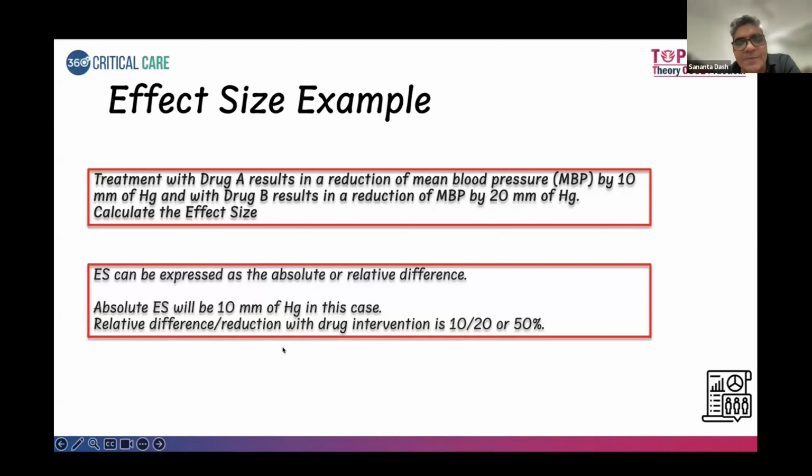The relative reduction with the drug intervention is 10 by 20, or 50%. Obviously, this 10 is 50% of 20. So the relative effect size is 50%, or the absolute effect size is 10 millimeters of mercury. Very easy fundamentals.